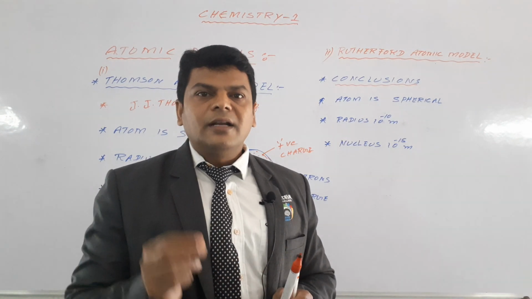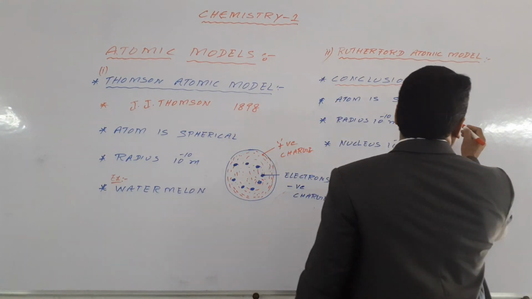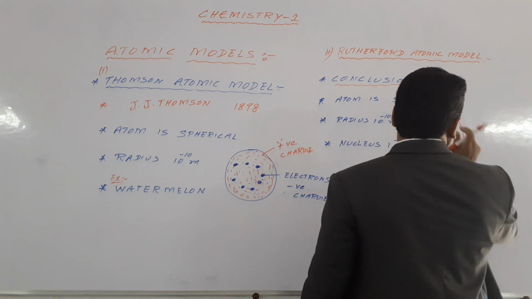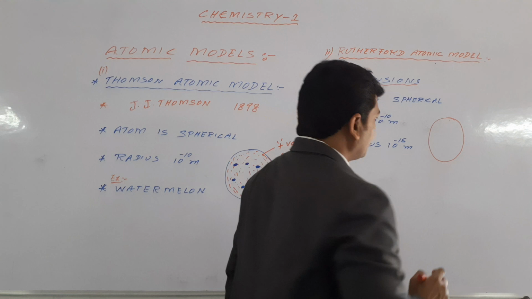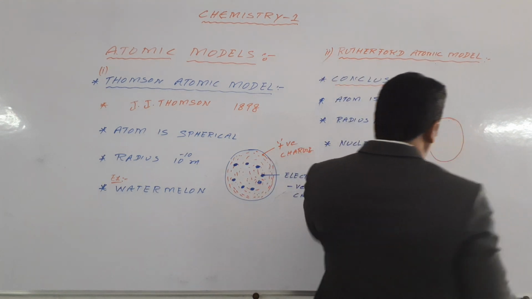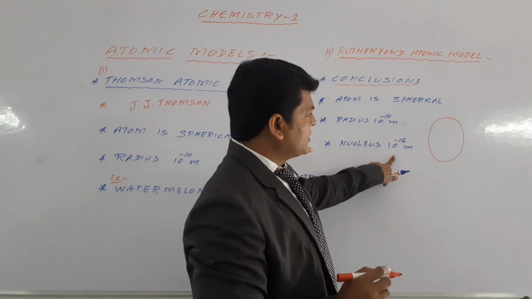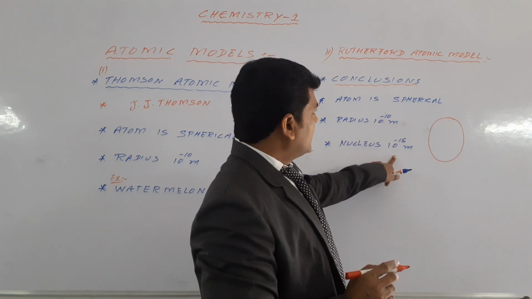That is called the nucleus. Here the atom is a sphere of 10 power minus 10 meters and the nucleus is 10 power minus 15 meters.